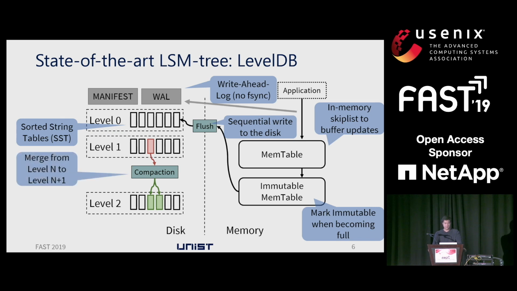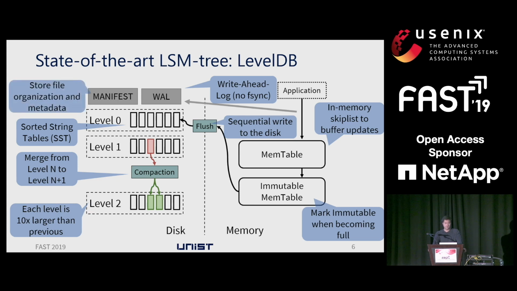If a level gets large, it is scheduled to do a batch merge of one of its files to the next level, and that operation is called compaction. Usually, each level is 10 times larger than the previous one. All of the file organization and the metadata about the files are stored in the manifest file.